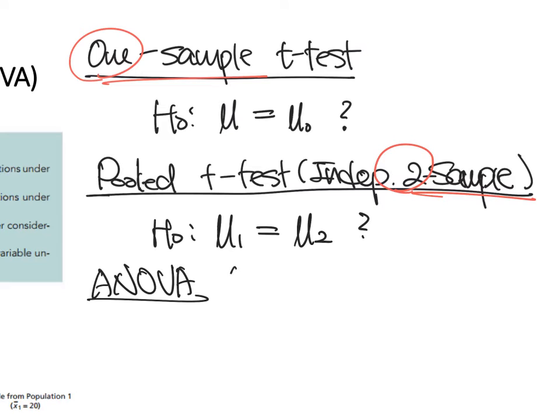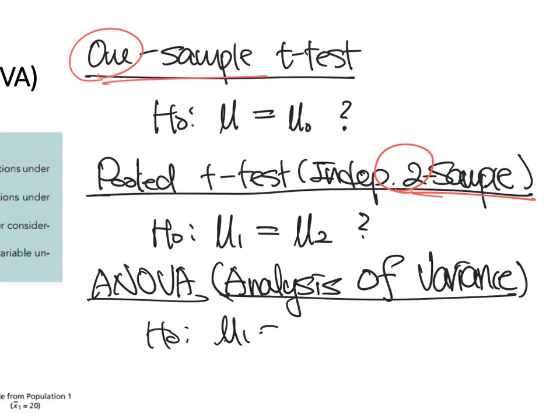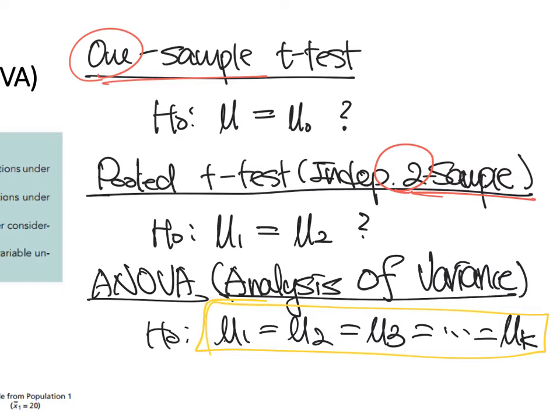ANOVA is an analysis of variance. We are going to compare many unknown population means. So the null hypothesis will be mu1 is equal to mu2 is equal to mu3, and we are going to have k groups. So we compare the k unknown population means.